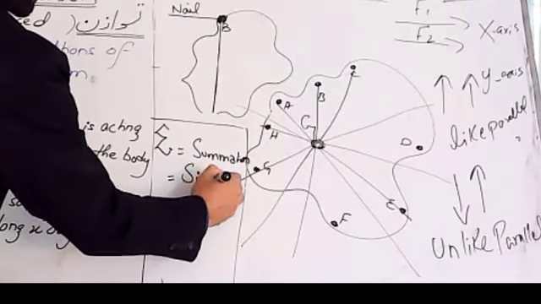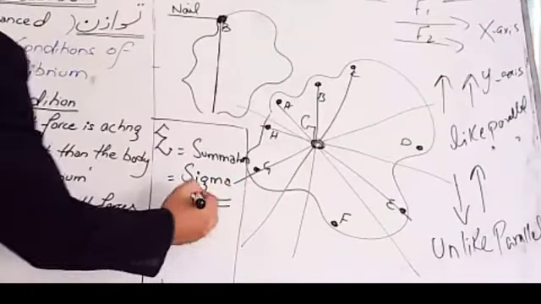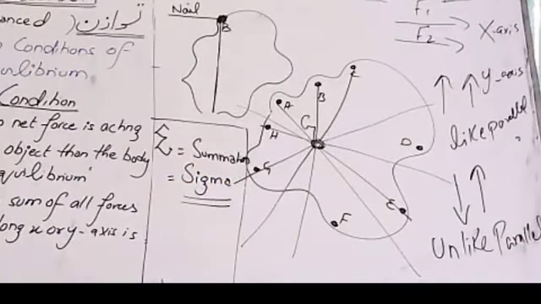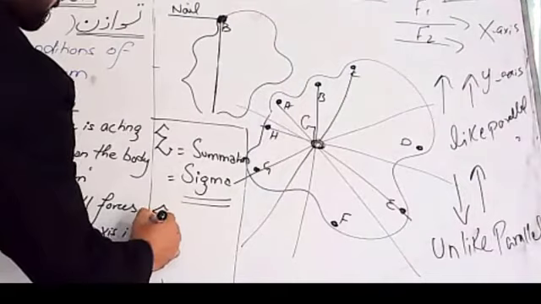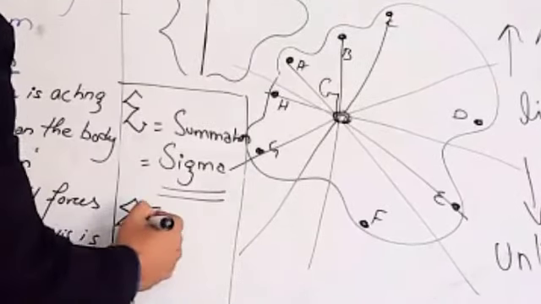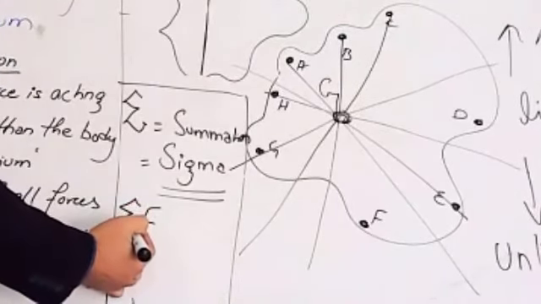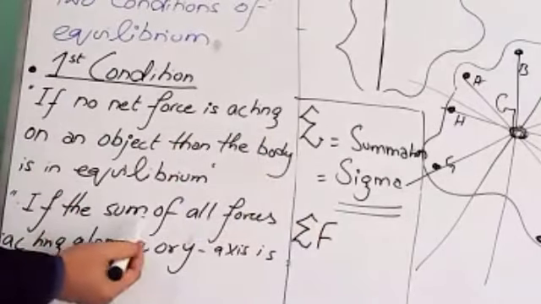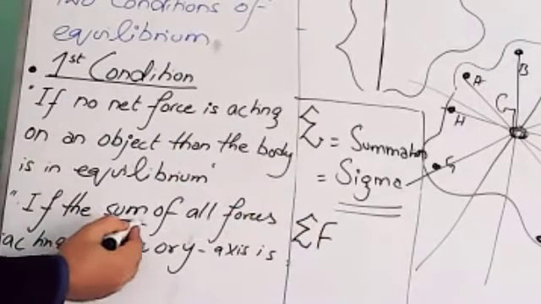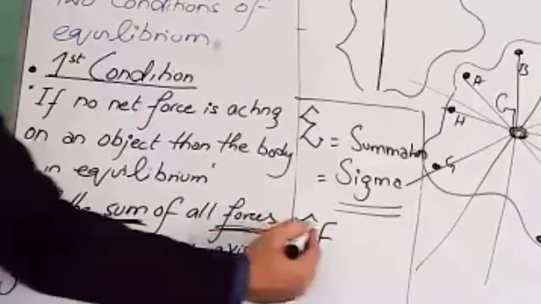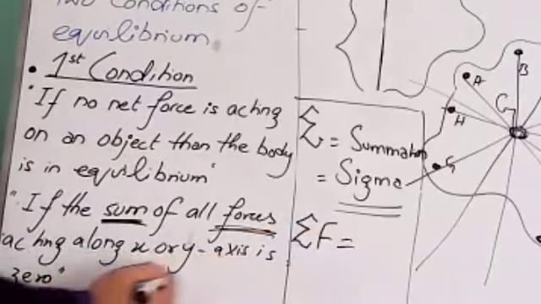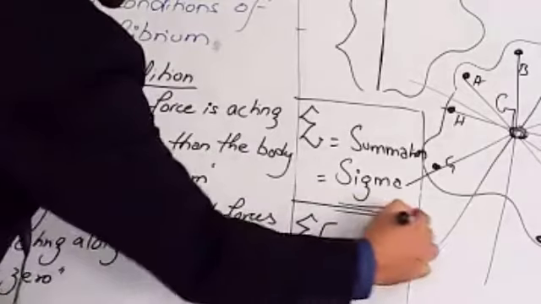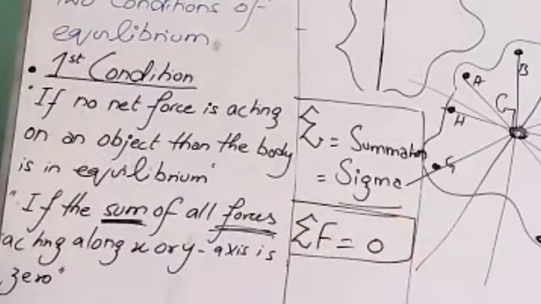This symbol name is sigma. Okay, this sign is called sigma. Summation F: summation means sum, as it comes in the definition, sum of all which thing, force, acting along the x or y axis is zero. If zero, then this is the first condition of equilibrium.